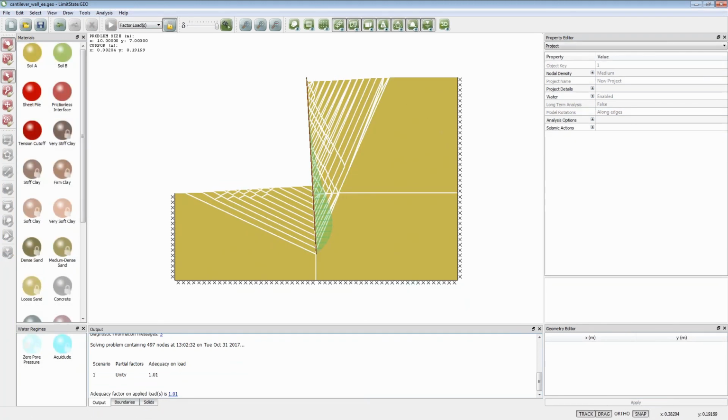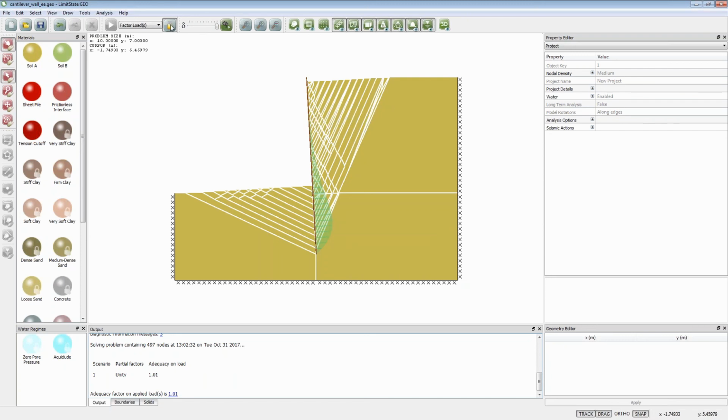And so now, effectively, we haven't had to increase the weight of this block of soil. The wall is just on the point of failure, and these are the bending moments in the wall, and they're analogous to those that you get from a conventional calculation on this problem using the textbook approach.